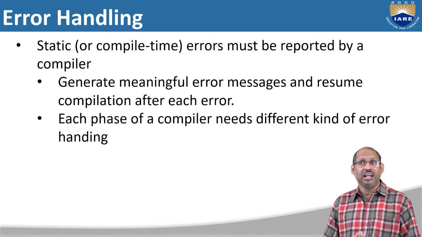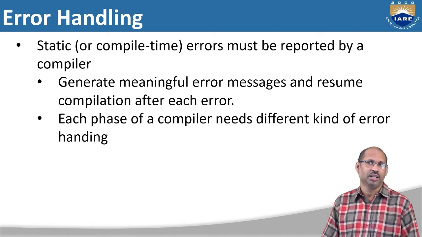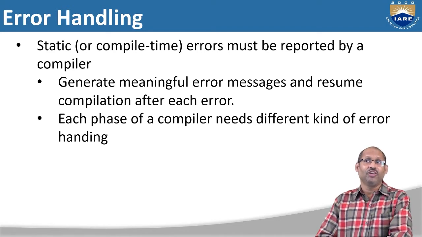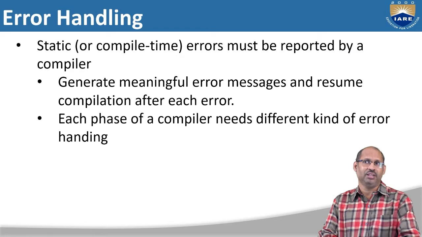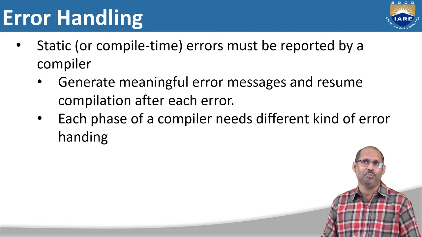There are two types of errors: static or compile time errors, and runtime or dynamic errors. Static errors are reported by the compiler. It gives meaningful error messages, and it continues the compilation.